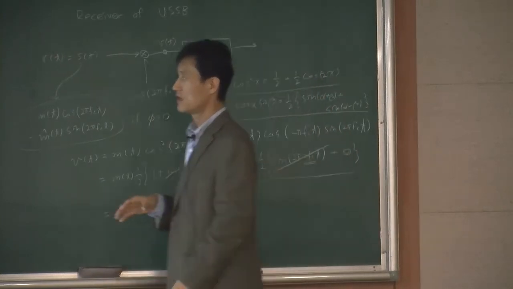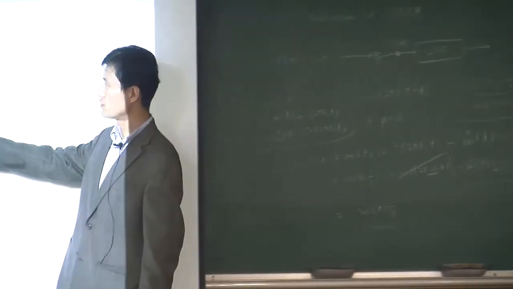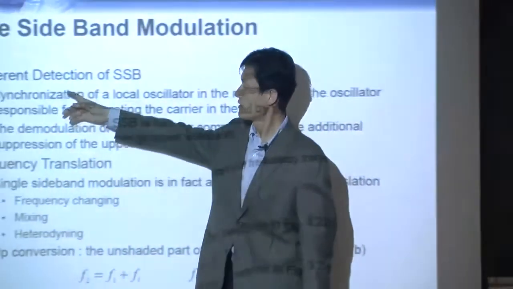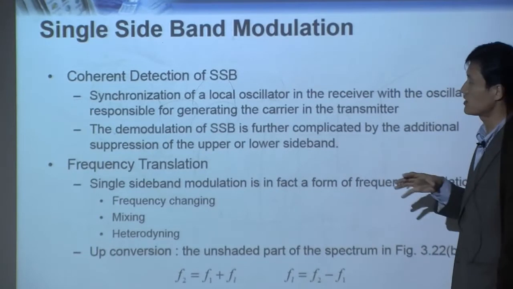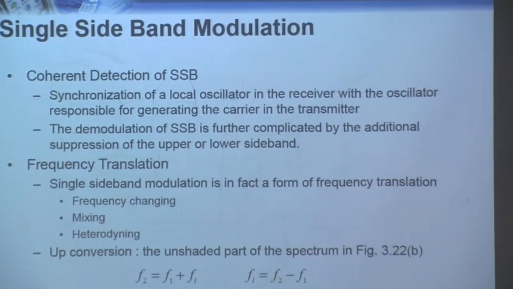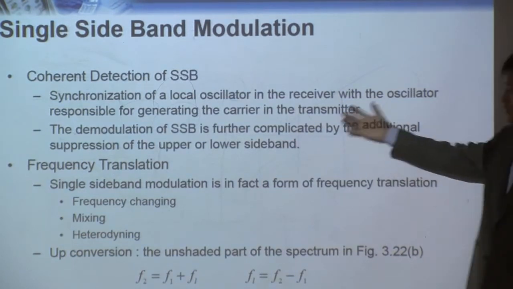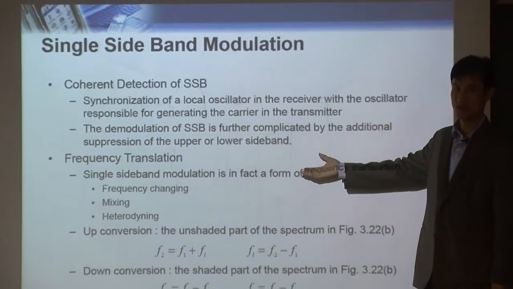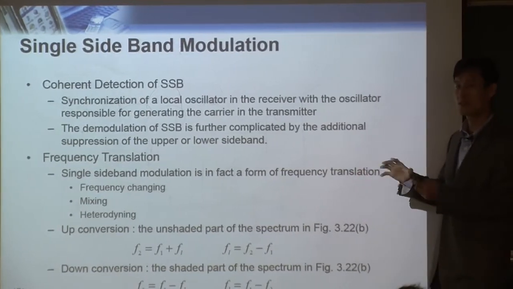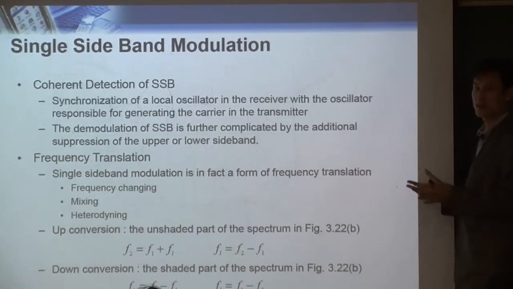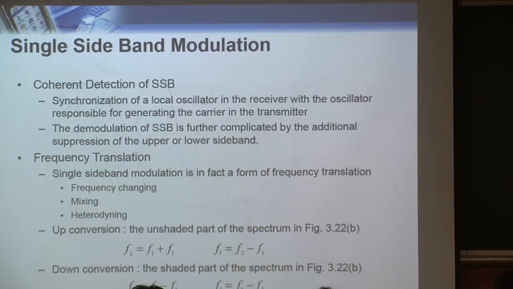You can use the same receiver, coherent detector or Costas receiver, for both DSB and also SSB. So that's why there's no details here. There's nothing more to say. I can just say that the receiver is the same as before, same as DSB. No much difference.